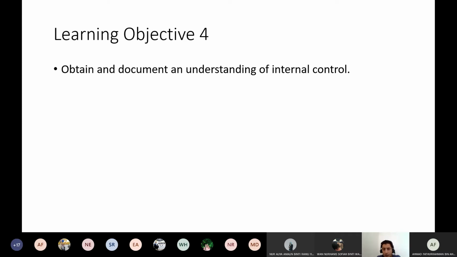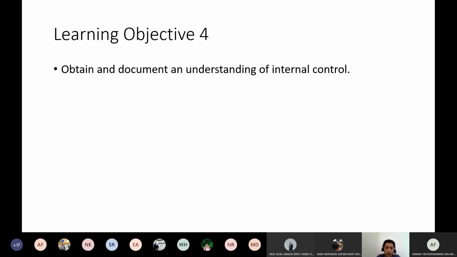Lastly is the monitoring. When we say monitoring, we need to monitor the four components of internal control. The management should establish some system or function that monitors those four components of internal control. So that is what the management should do. It is management's responsibility to establish and conduct the five components.